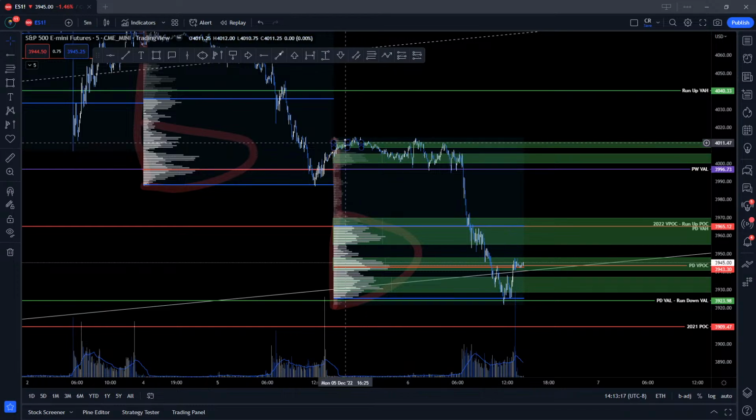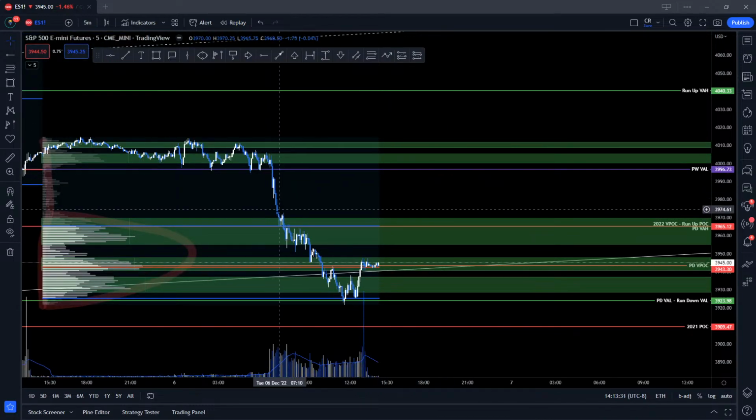So you can see we're able to hang out here, and we're able to hang out here. And then once we finally broke the previous week value area low, we dumped. And there was really no consolidation through here because this is just super skinny belly. But once we got to this rung here, we're able to hang out again and consolidate.